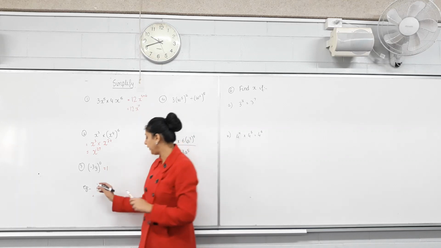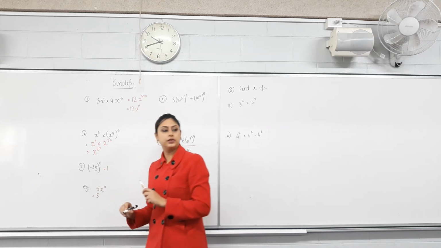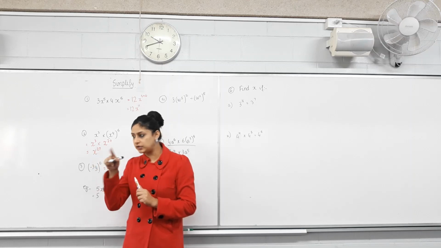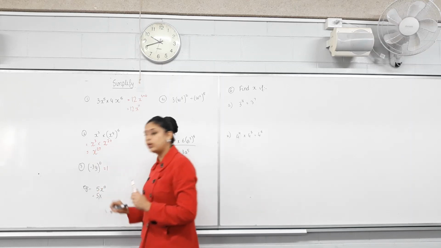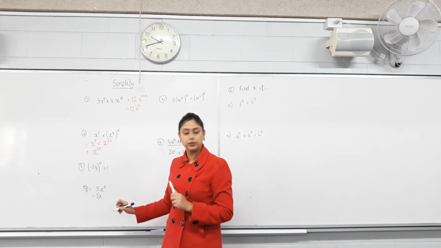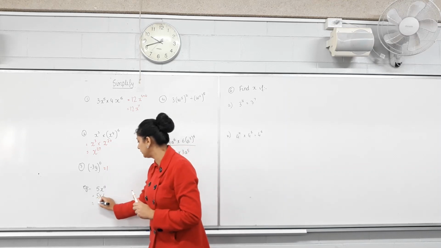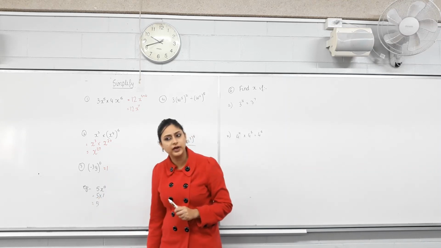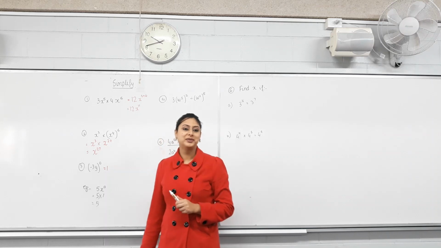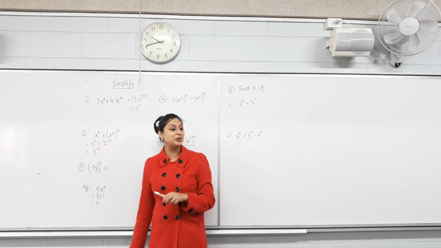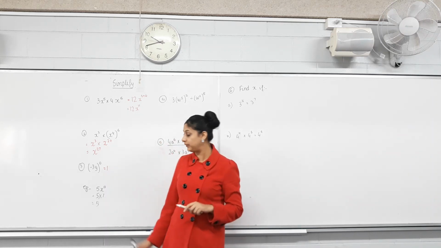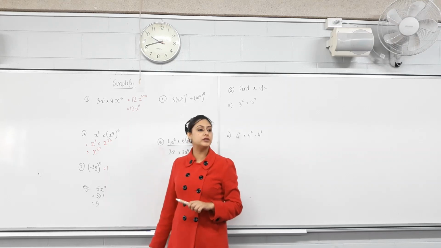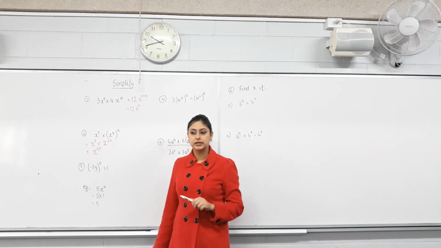No. So 5 remains as 5. 5x, doesn't it mean 5 times? What's x to the power of 0? 1. So what's the answer? What's 5 times 1? I mean 5. Okay, I don't have time to go into that. I hope you all know 5 times 1 is 5. But it's important to know the difference. Does that make sense? Yes?